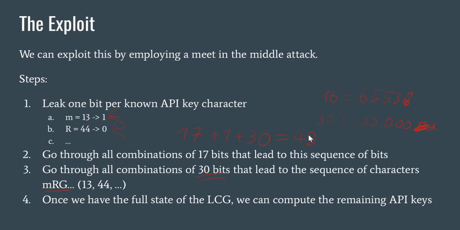And then we can, of course, just run the LCG backwards and calculate all API keys previously generated by other customers. These are not unique. There might pop out a couple of candidates for the internal state, but that doesn't matter since we can just test through a couple of them.